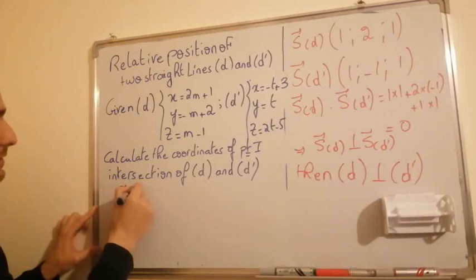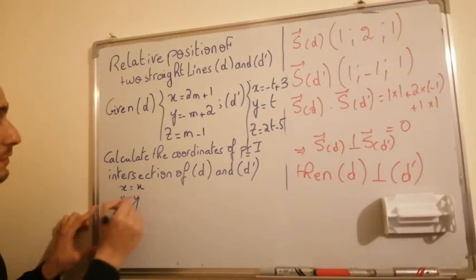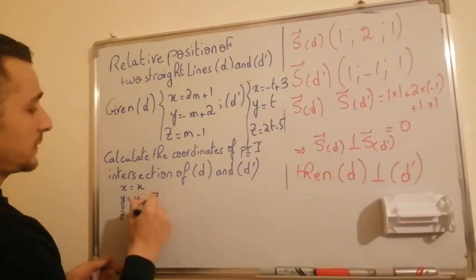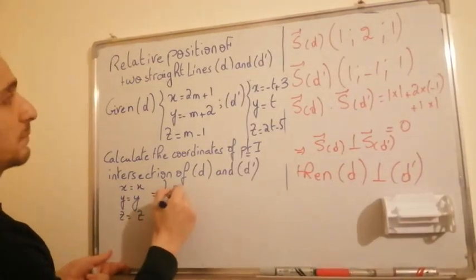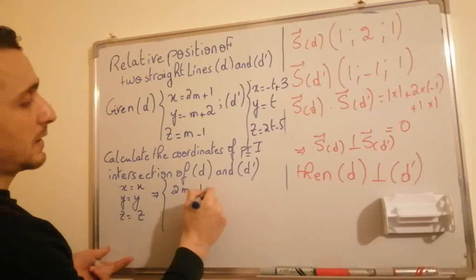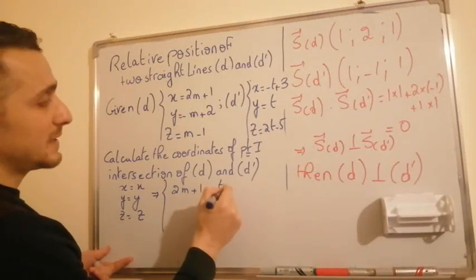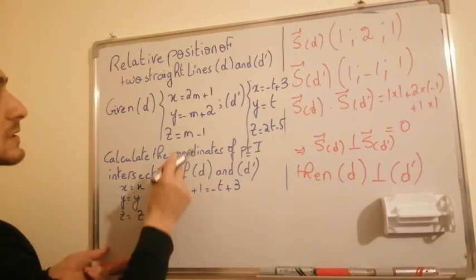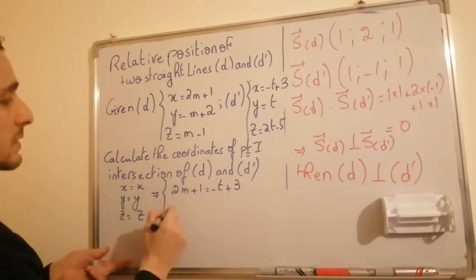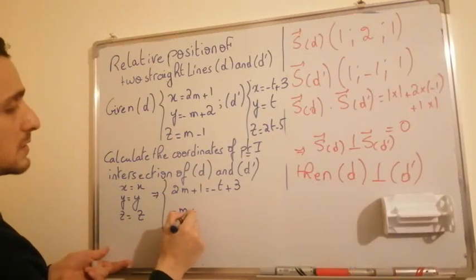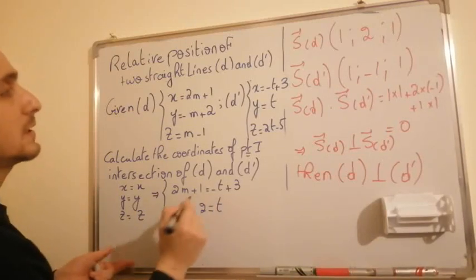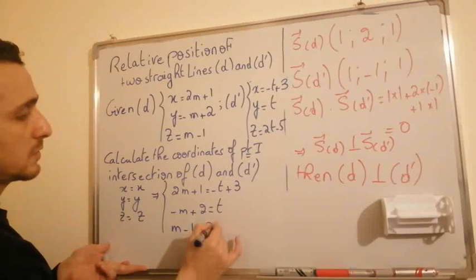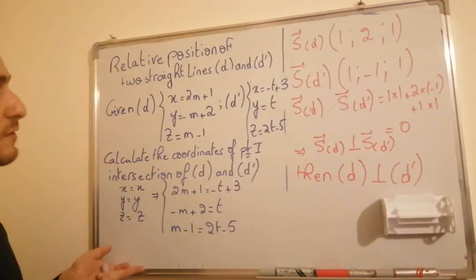So we obtain 2m plus 1 equals minus t plus 3, then for y, minus m plus 2 equals t, and finally m minus 1 equals 2t minus 5.